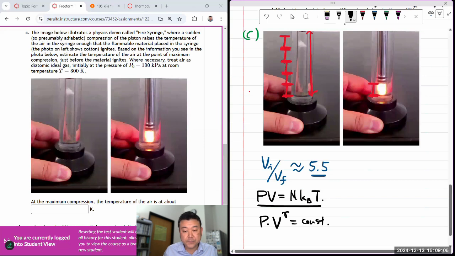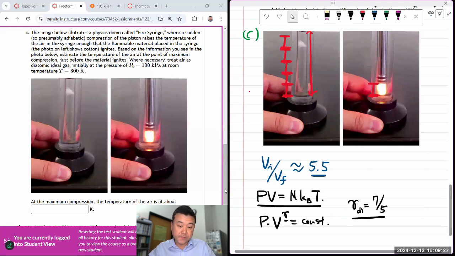And you kind of have to know the expression for gamma. Or do I have it memorized? The information says diatomic ideal gas. I want to say for diatomic gamma is 7 over 5, but I'm not 100% sure.